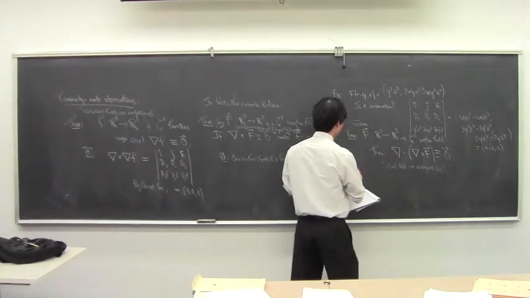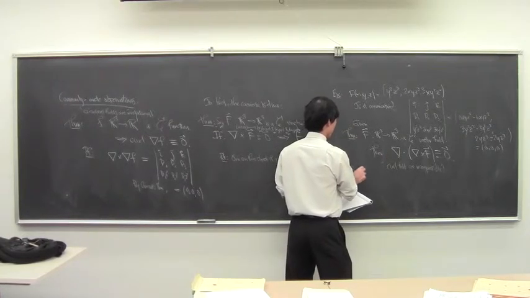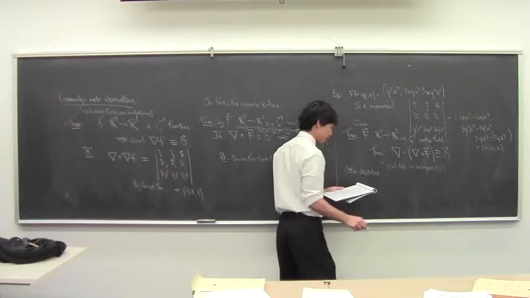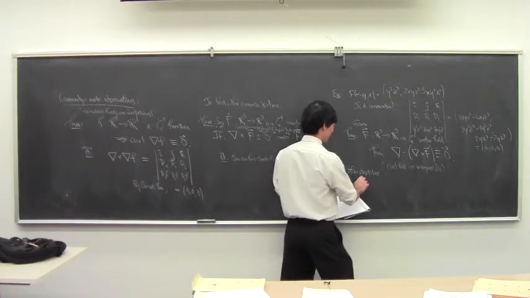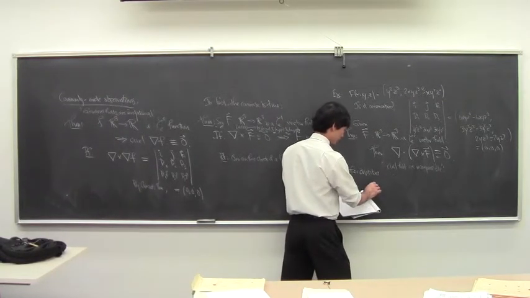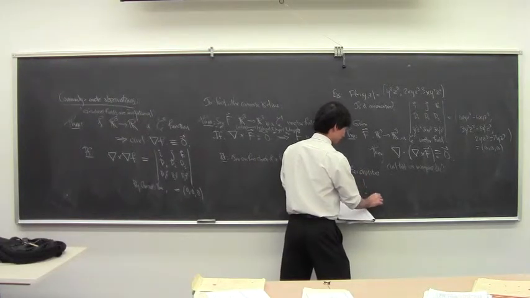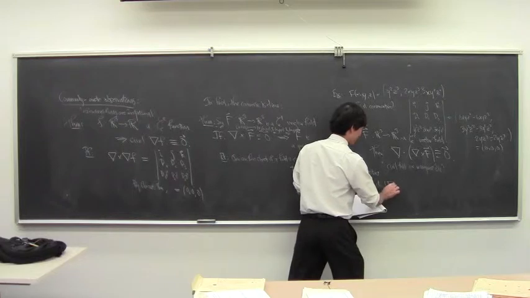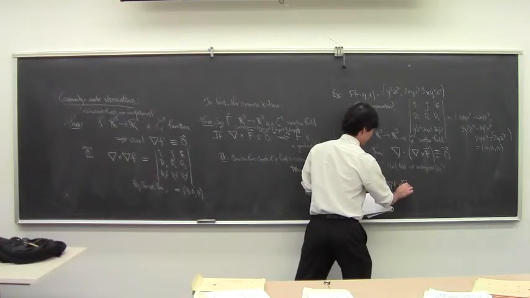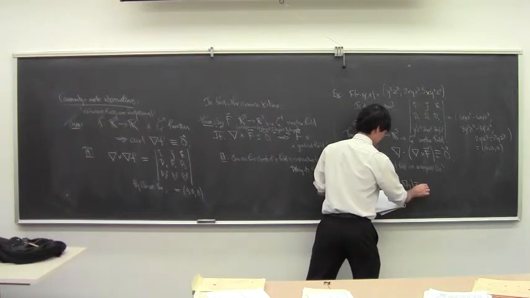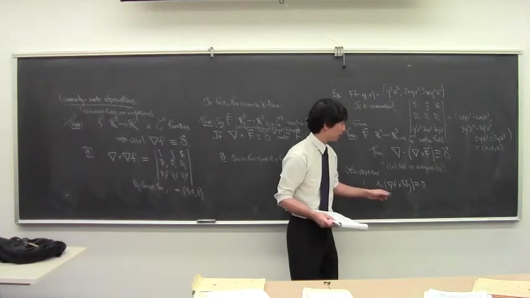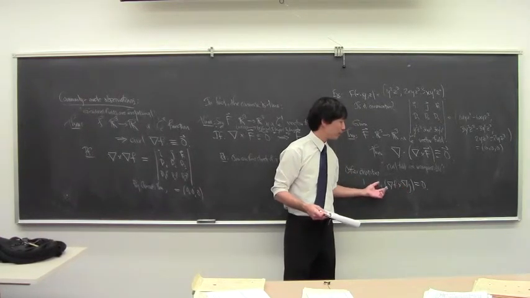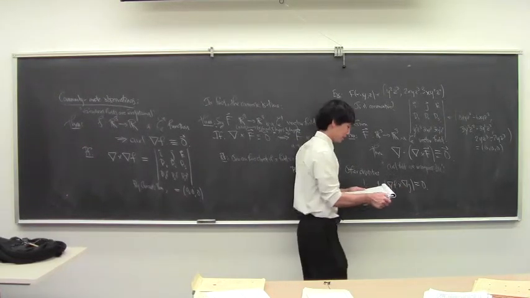There are other identities that maybe are useful in physics, but they're not going to be that useful for us in this course, except maybe as homework problems. If you take the cross product of two gradient fields, the divergence of such a thing is 0.